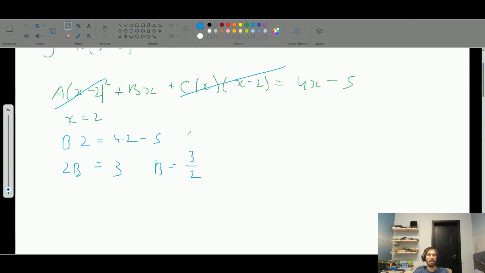Nice. Second part, or second stage: we want to make sure that x is 0. We substitute x equals 0, Bx gets out of the way, the third term again gets out of the way, and the only thing which is left is A, which is A times (minus 2) squared, equals 4 times 0, which is 0, minus 5.